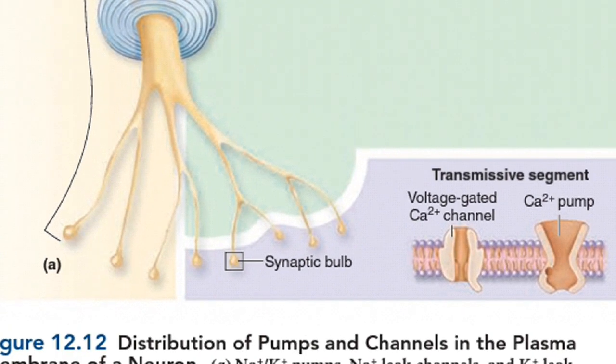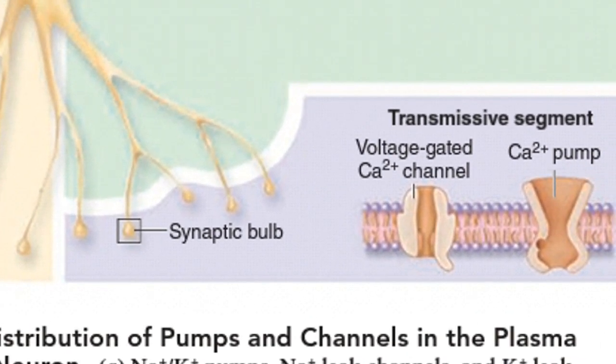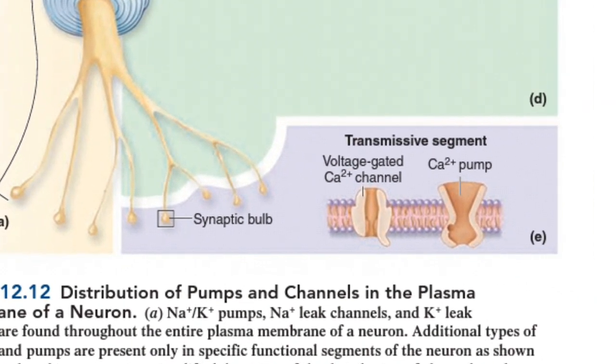Now here the axon terminal is shown, and we know that at the end of the axon terminal synaptic end bulbs are present. In the previous lecture we discussed the synaptic end bulb, and we know the synaptic end bulbs are surrounded by the extracellular fluid, and in that extracellular fluid more Ca2 plus ions are present.